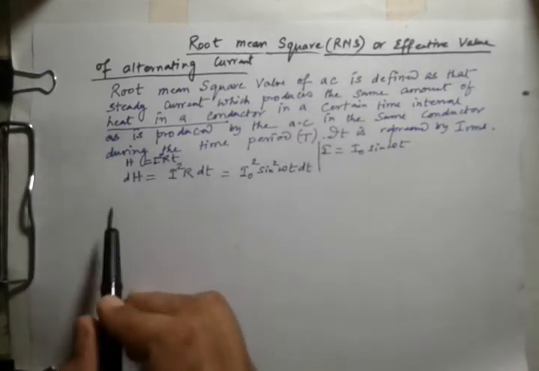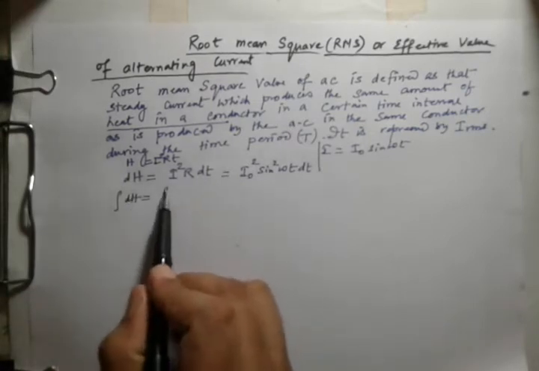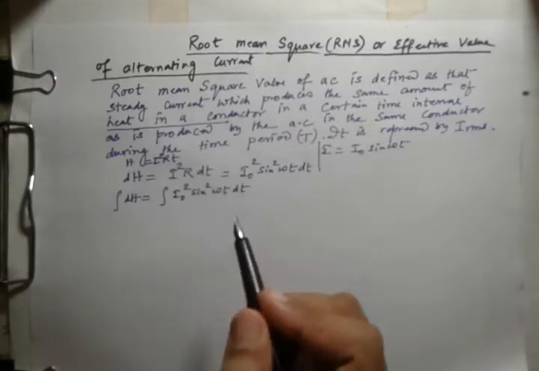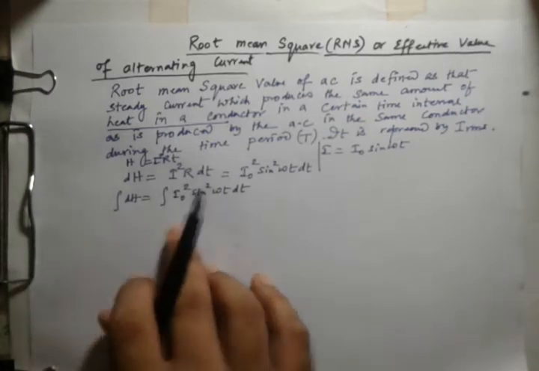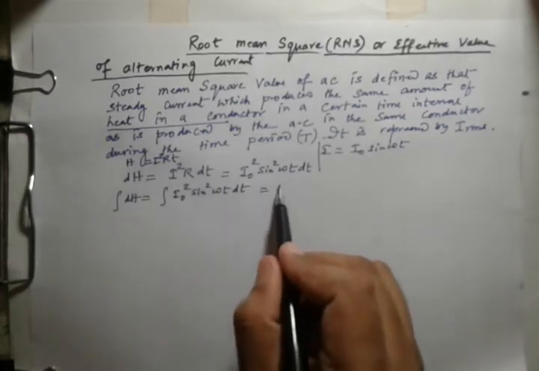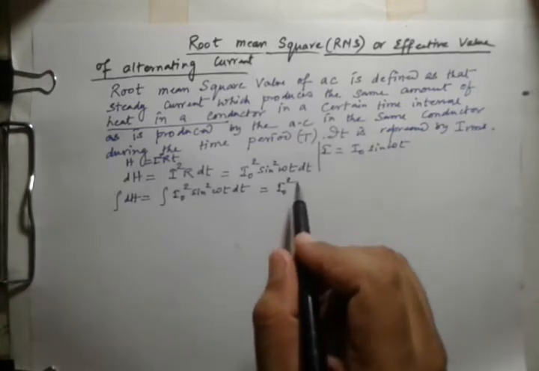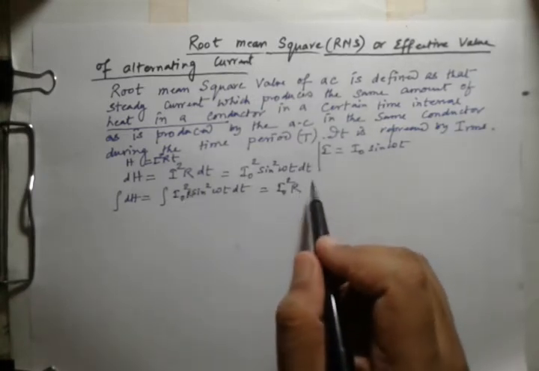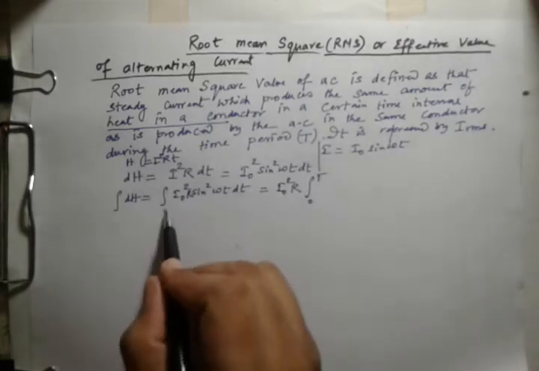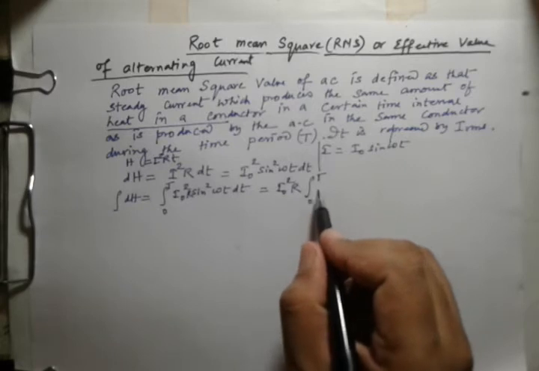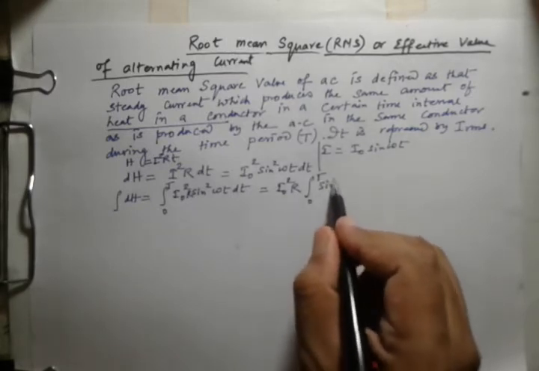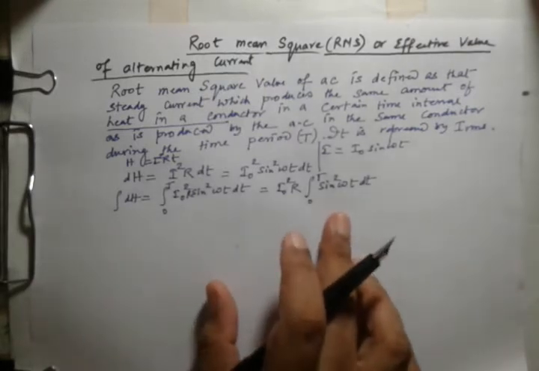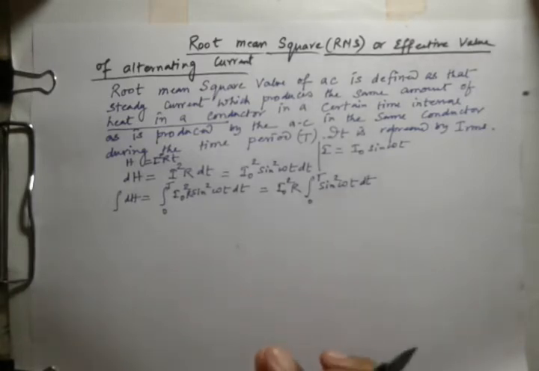Now we integrate this. So write this one: I naught square R is there also, into integration, 0 to T. So what is the formula of sine square omega t? 1 minus cos 2 omega t by 2.